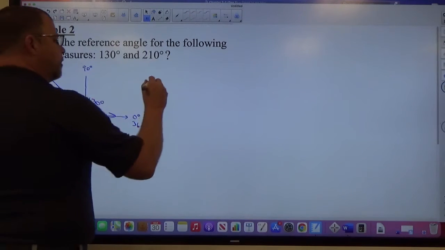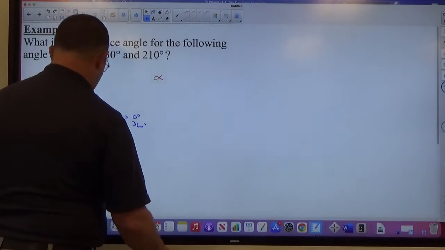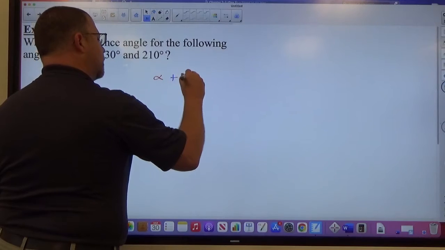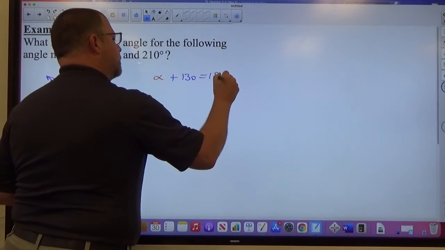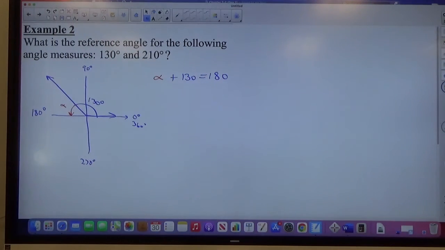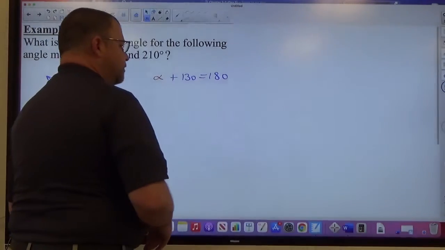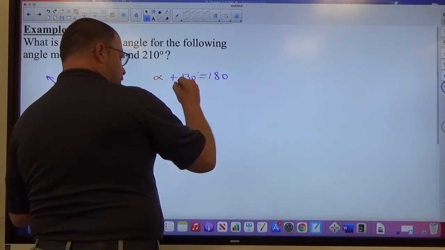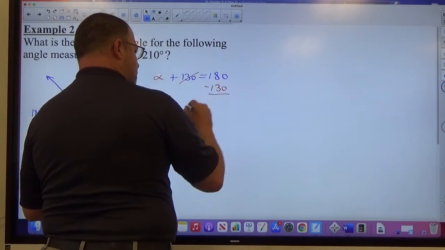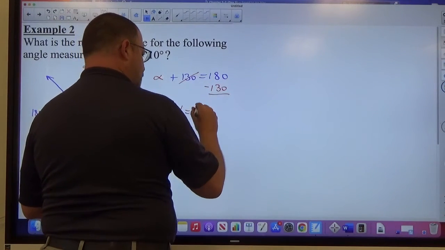So alpha plus 130 is equal to 180. My reference angle is always the angle from the terminal side to the x-axis. That's how I have to determine it. And then if I finish it out, subtract 130, my reference angle is equal to 50 degrees.